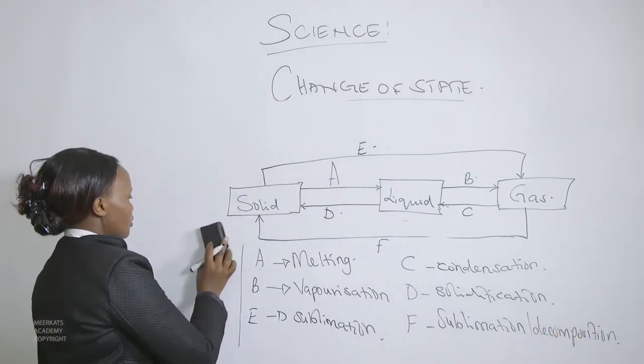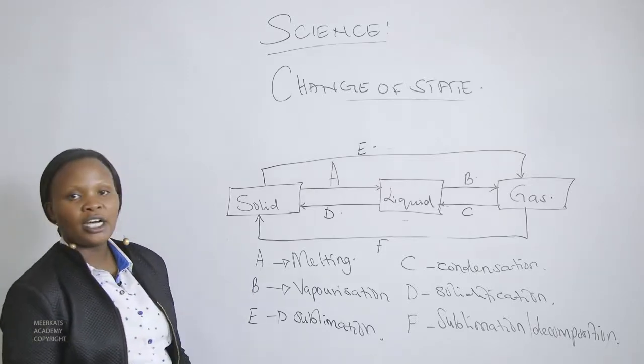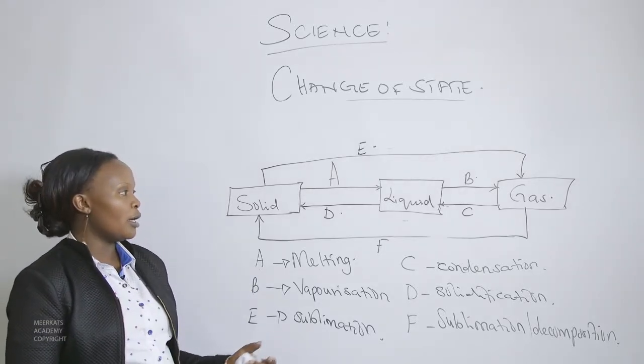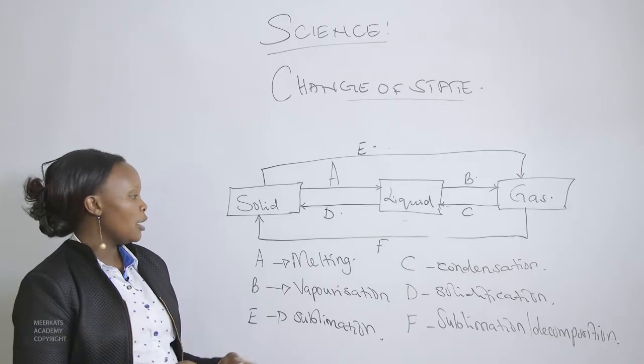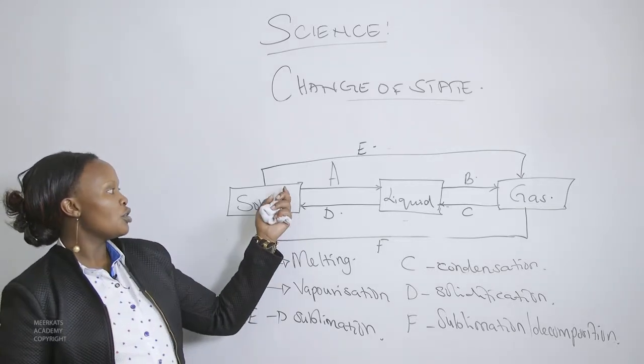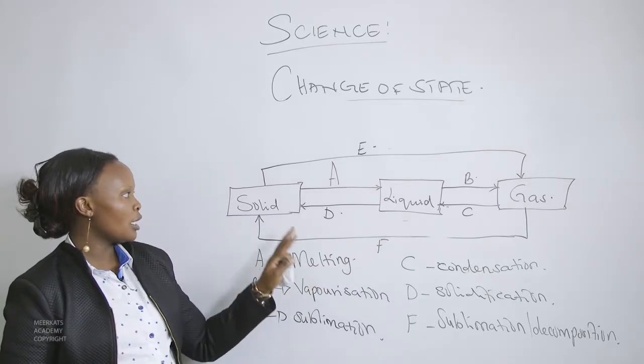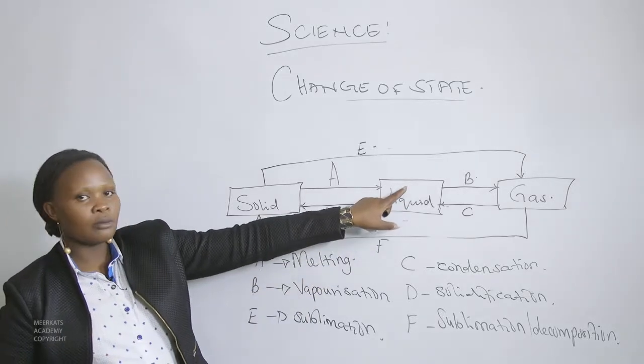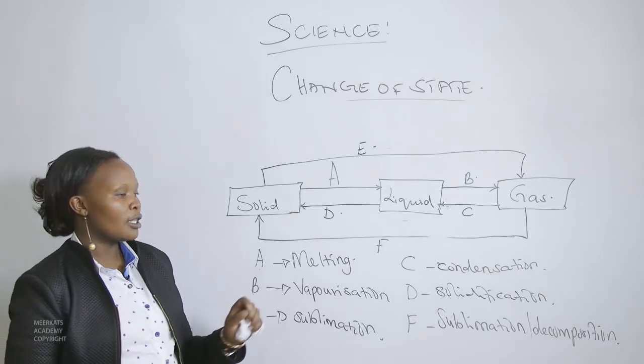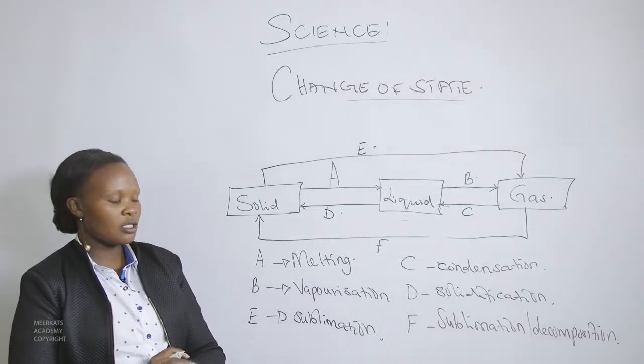Now, we have named our processes. Process A, change of state from solid to liquid, is what we call melting. B is from liquid to gas. That one we call vaporization.